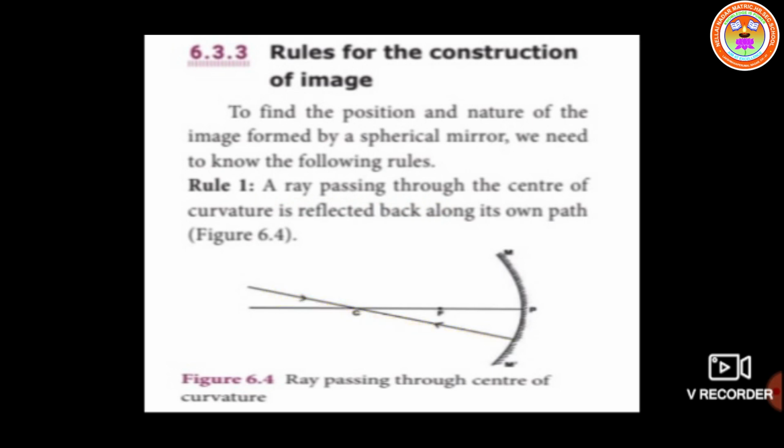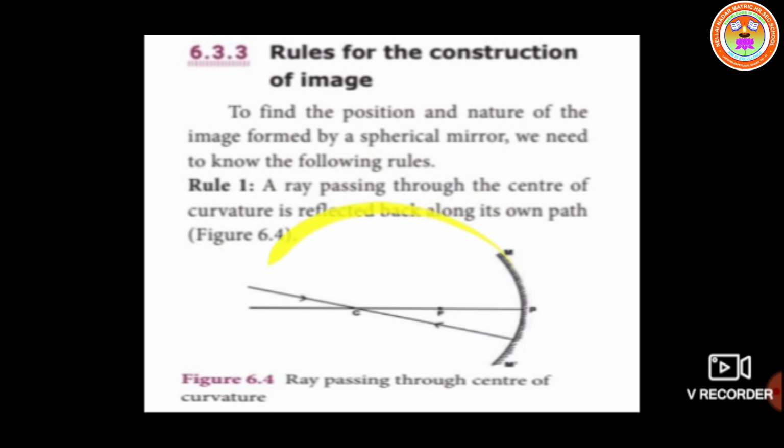Okay, so the incident ray is allowed to pass through the center of curvature. Center of curvature means, here you know that it is a spherical mirror. This surface is one part of a sphere. Consider the sphere, which has a shape like a cricket ball.